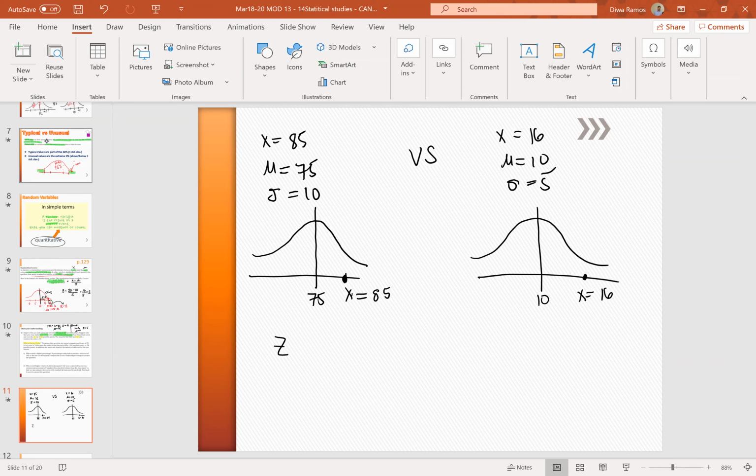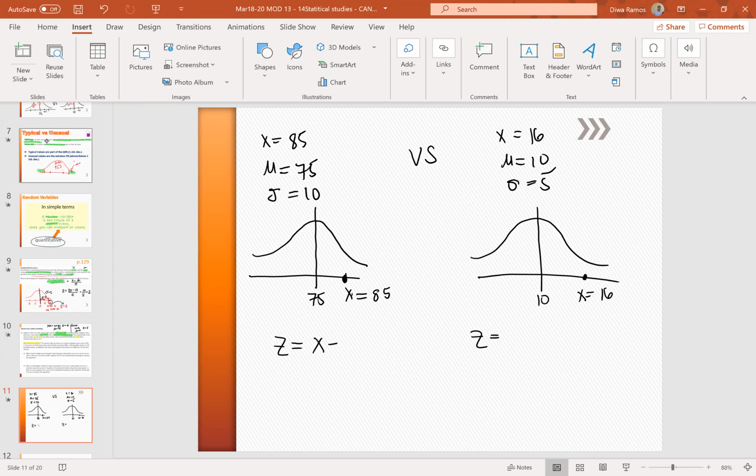So let's calculate the Z to standardize it, putting them in the same type of measurement, like within a standardized measurement, to see which one of them is further away, which means higher relative to the other.